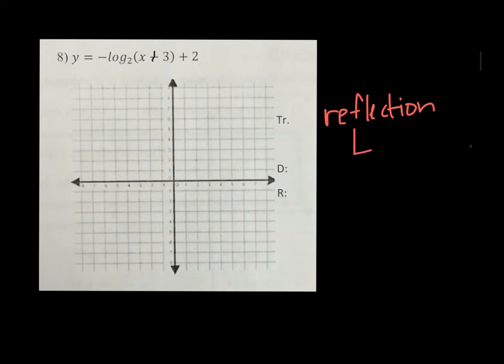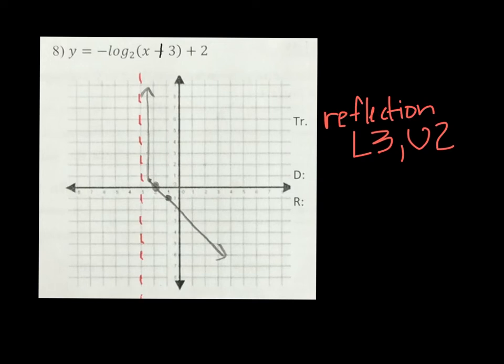We move left 3 units, and we move up 2 units. I'm going to do this in 2 steps because we've got so many things going on here. And I'm going to save this +2 for the end and just do the reflection and the moving to the left for the first step.